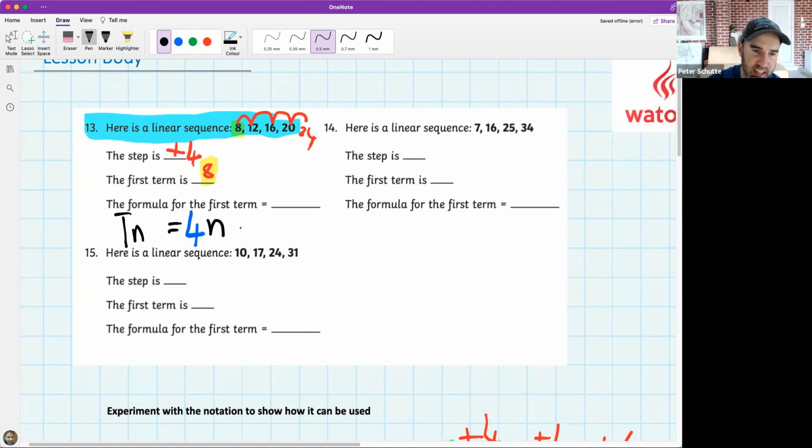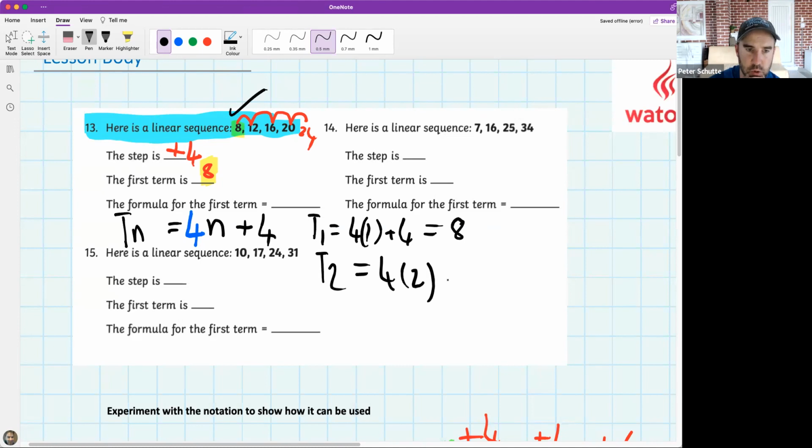So in order to get there, I need to add 4. Let's test if this works now. For T1, this says 4 times 1 plus 4, which is 8. That's good news because there's an 8. Then T2 would be 4 times 2 plus 4, which is 8 plus 4, which is 12. Okay, I'm good to go.